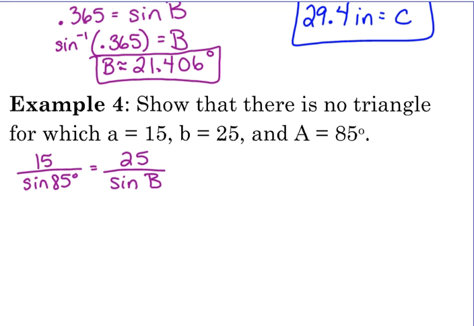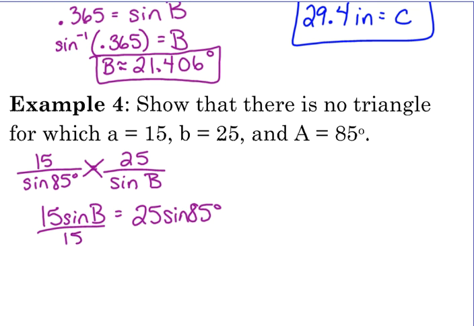Okay, so 15 over the sine of 85 is equal to 25 over the sine of B. Cross multiply: 15 sine B equals 25 sine 85. Divide by 15.